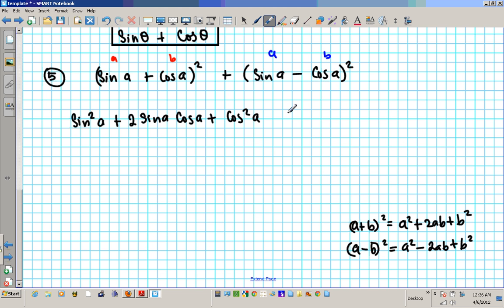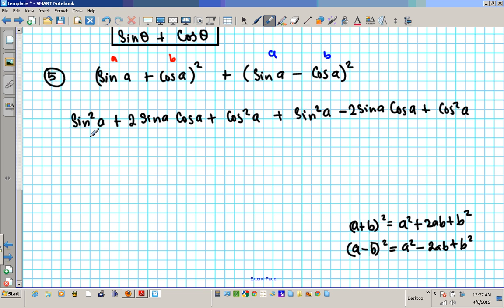That's for the left side, and then for the right side, plus sin²A, that's A², minus 2 sin A cos A plus cos²A. Okay?